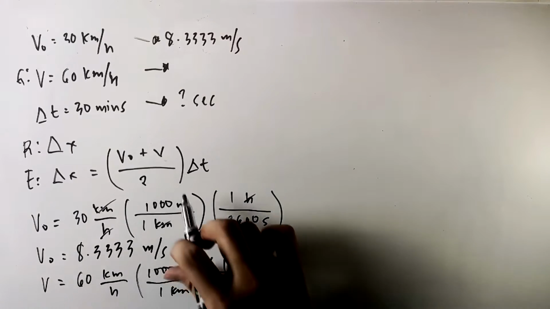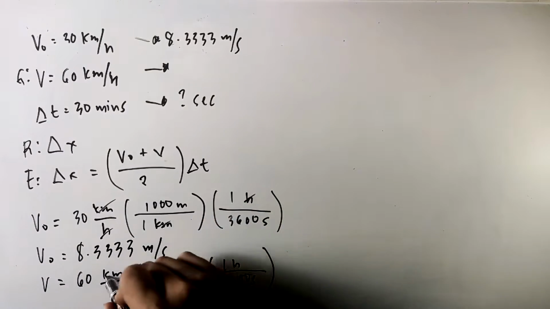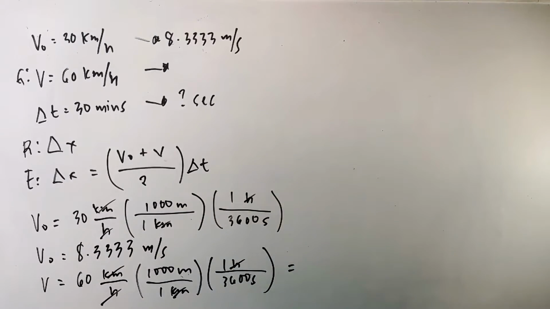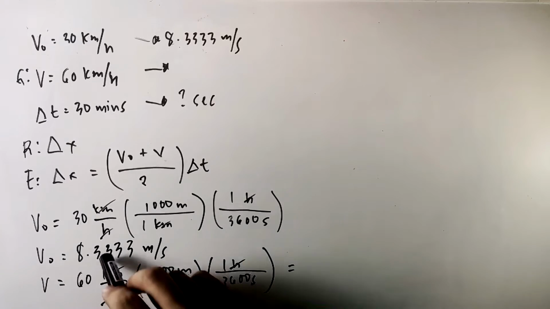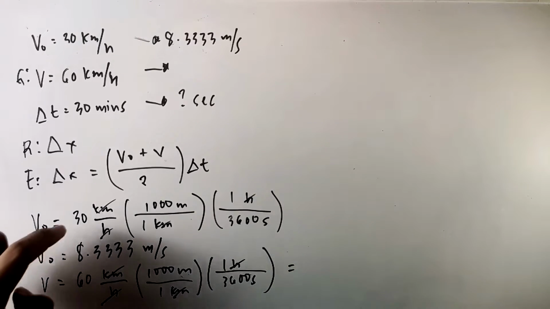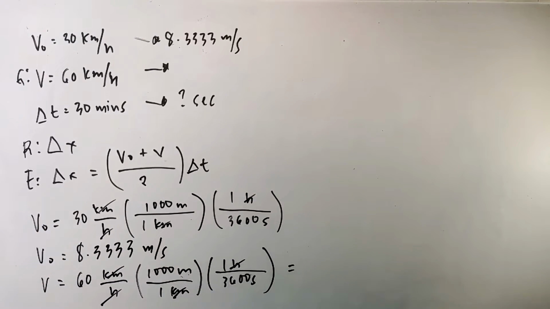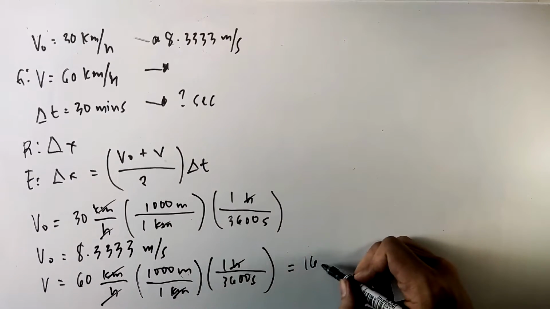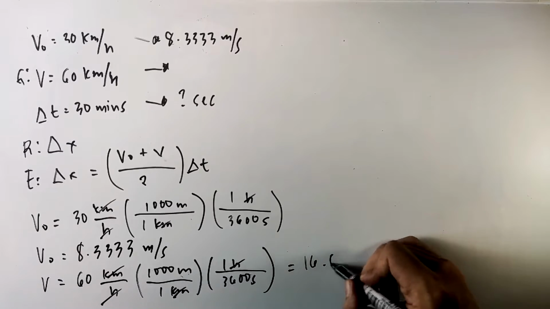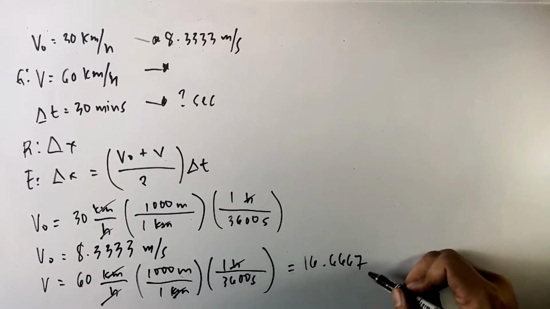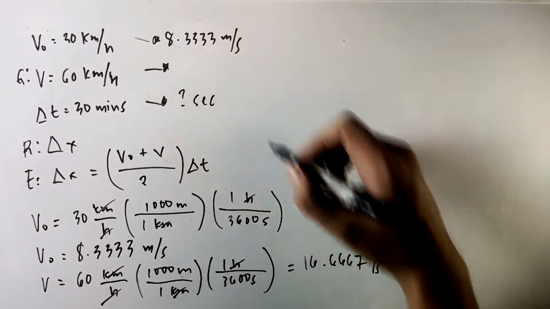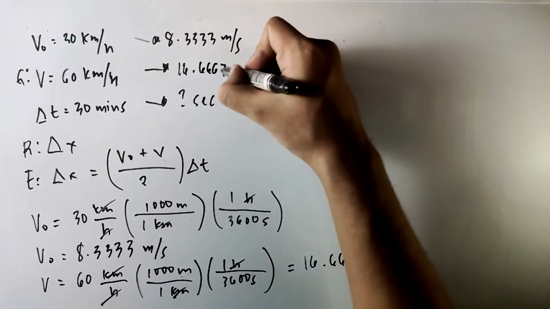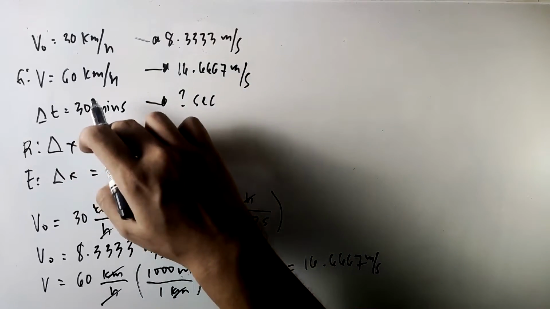So it's actually just times 2 of this. If you're going to notice, this is 30, then this is 60. But you can compute it to be sure, so this would be 16.6667 meters per second.